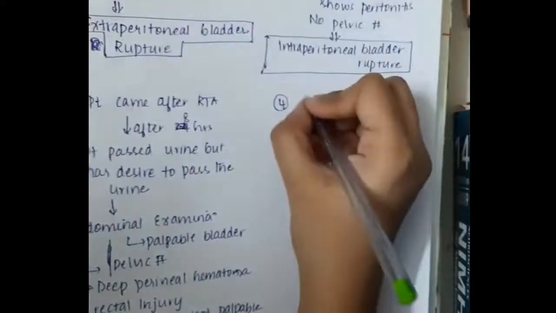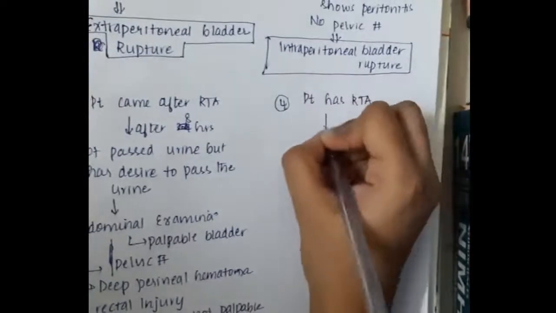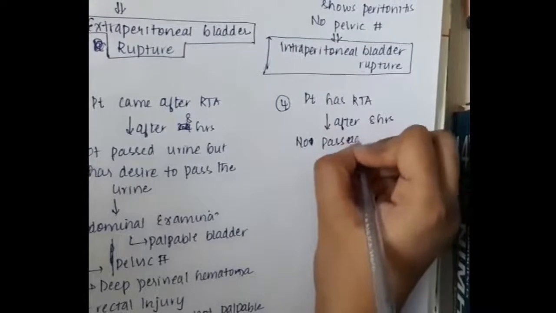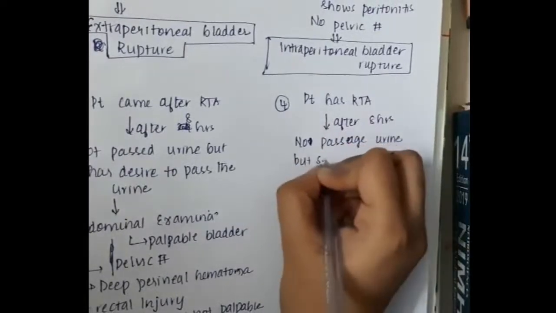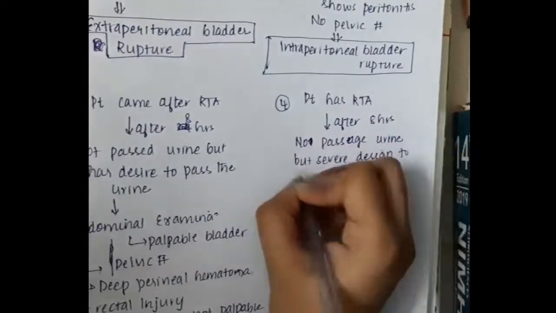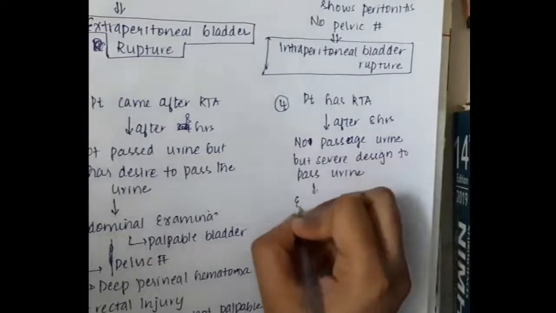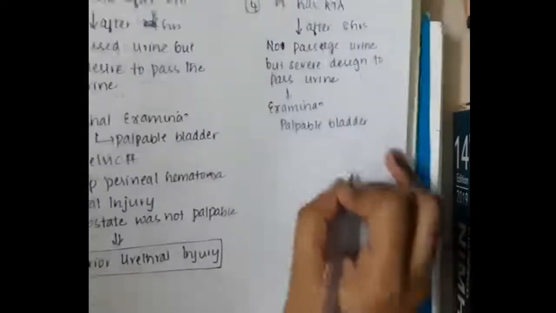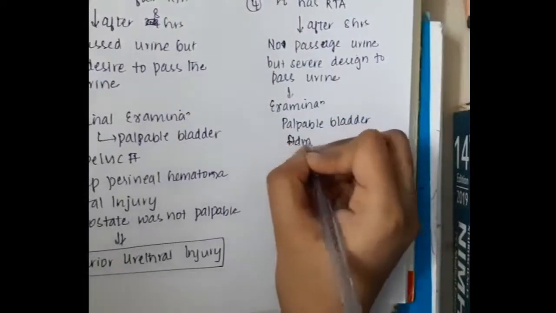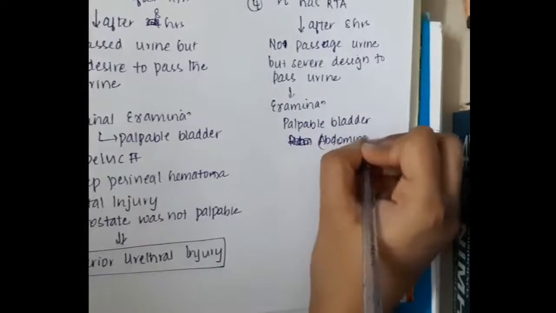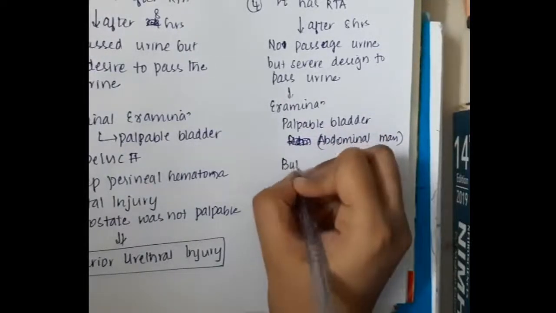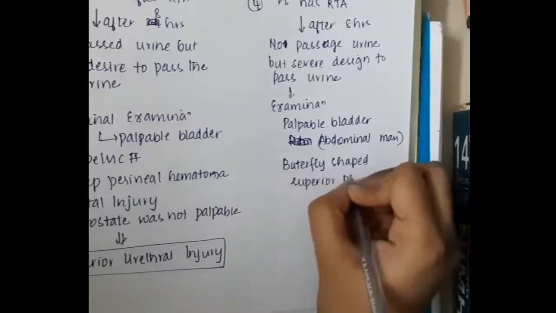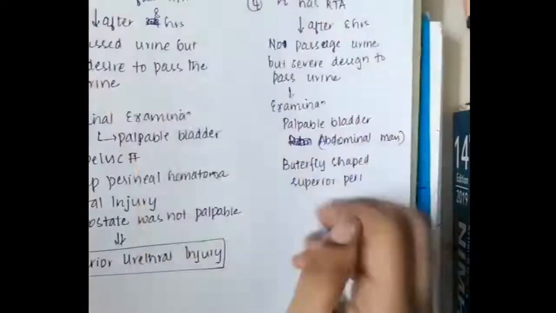Then fourth, the patient has had a road traffic accident, and after 8 hours he comes to you with no passage of urine, but there is a severe desire to pass urine. On examination you will see a palpable bladder, a small abdominal mass, and also the presence of a butterfly shaped superficial perineal hematoma.